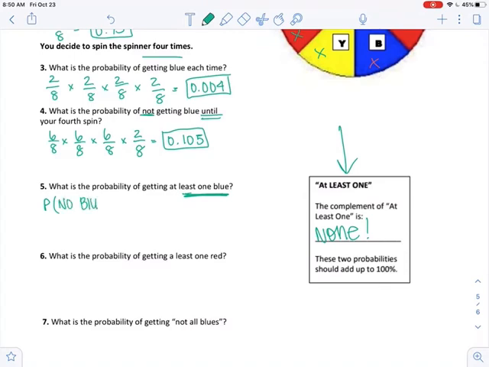And remember, we're doing this 4 times. So we're going to go 6 out of 8 times 6 out of 8 times 6 out of 8 times 6 out of 8. We're finding the probability of spinning the spinner 4 times and not getting blue. And this gets us 0.316. So now using this, we're going to find the probability of getting at least 1 blue. We're going to take the probability of none and subtract it from 1.